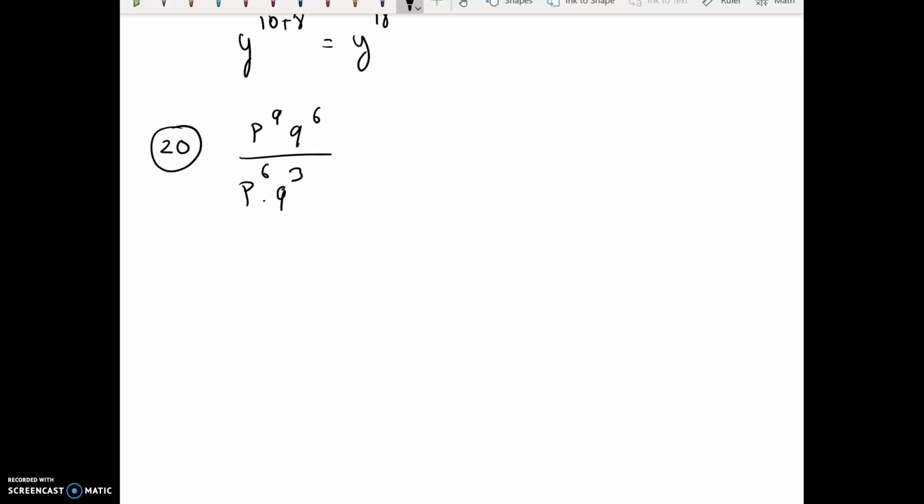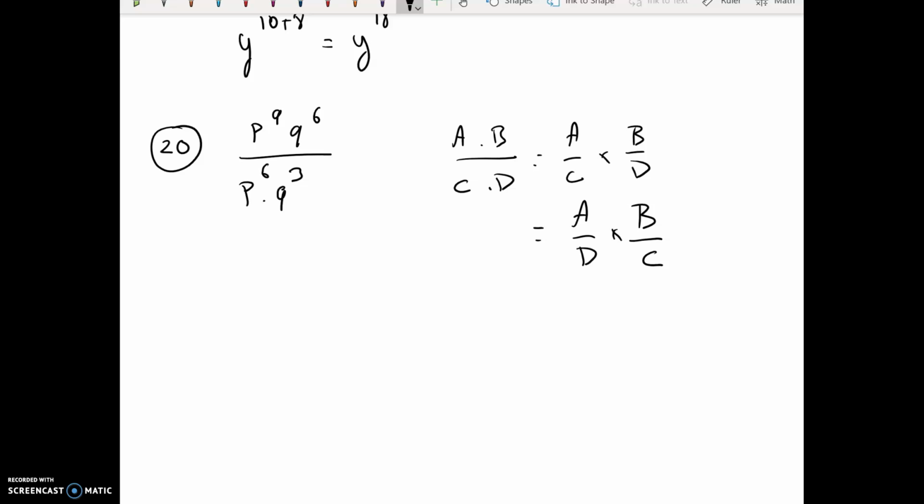Use the quotient rule to simplify the expression. So basically what you have right there would be a times b over c times d, which can be rearranged the way you want. It could be a over c multiplied by b over d, but it could also be a over d multiplied by b over c.